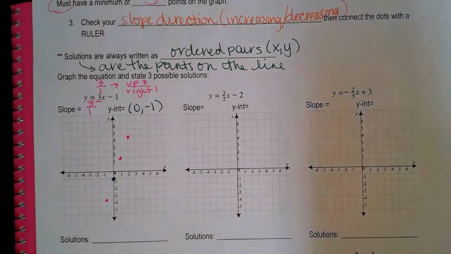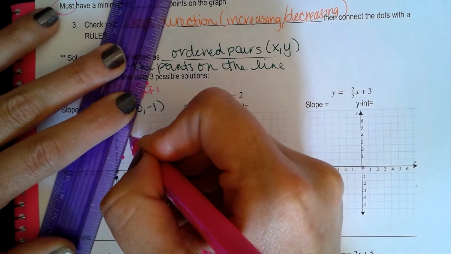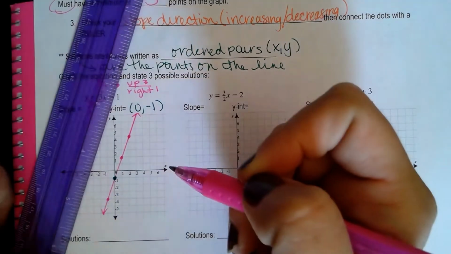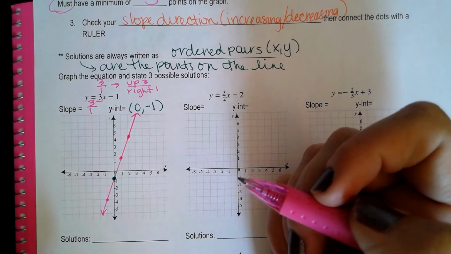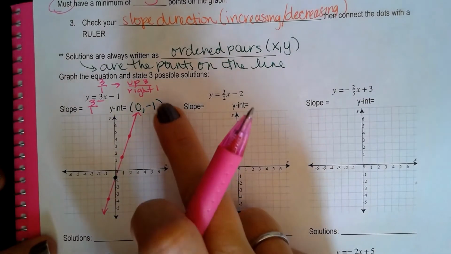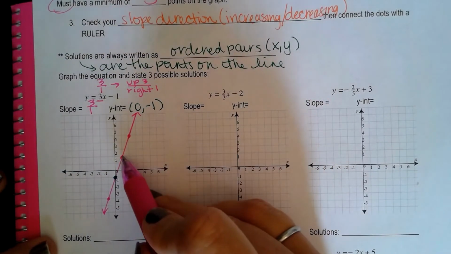Okay. But now that I have my dots on, I can connect them like so. And then what I need to do is write some ordered pairs. I'm going to try not to write the y-intercept because we already wrote that one. So another ordered pair would be this one.